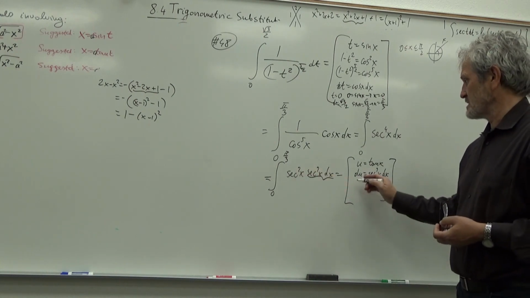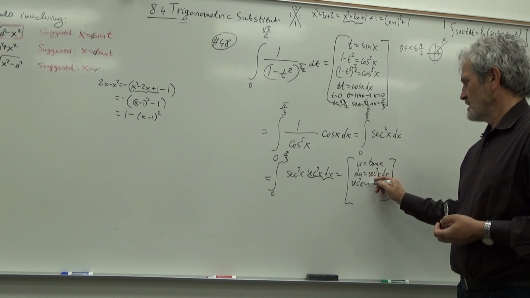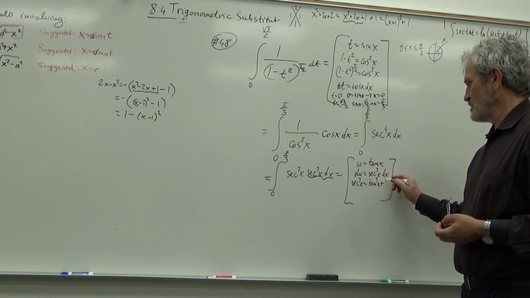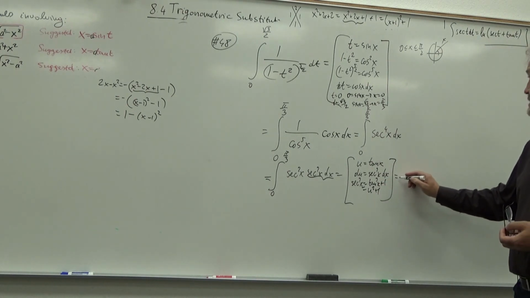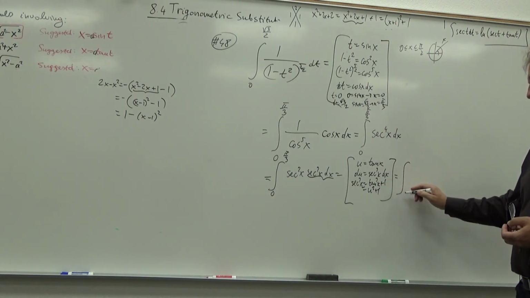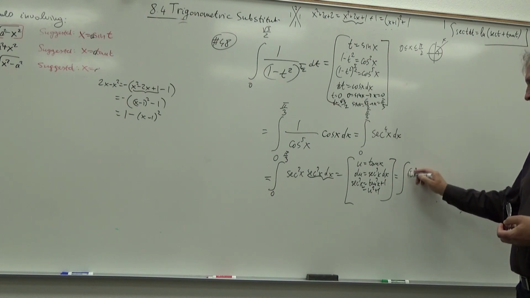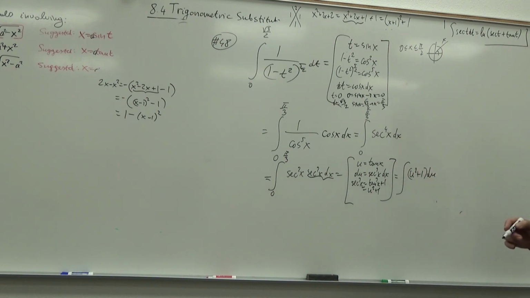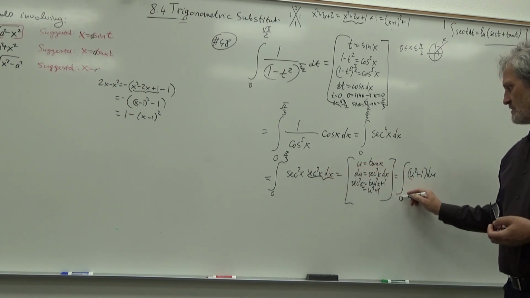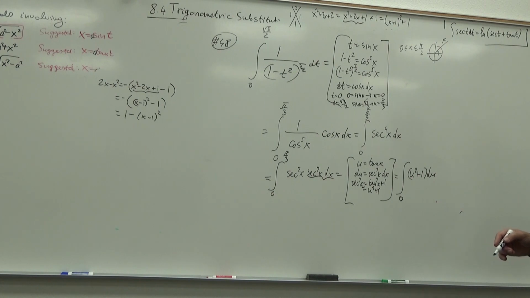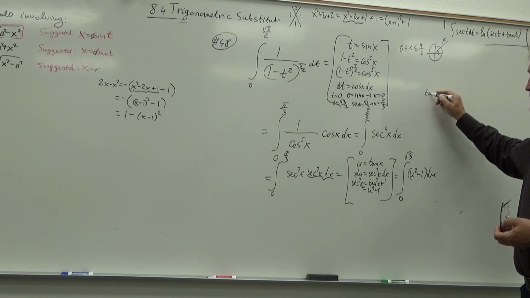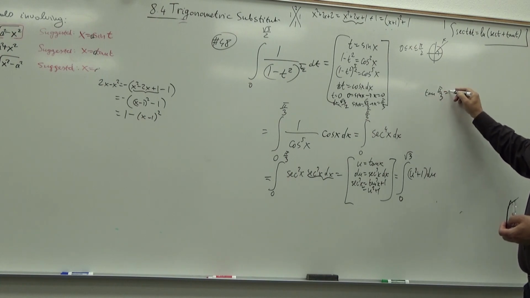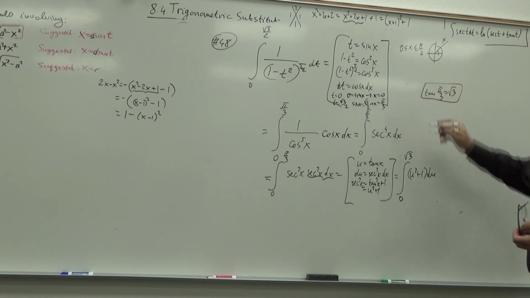I also need secant square x, but secant square x is tan square x plus 1, which is u square plus 1. So let me postpone the limits. So this would be the integral of u square plus 1 du, cannot be better. Just adjust the limits. Tan of 0 is 0. Tan of pi over 3 is root 3.